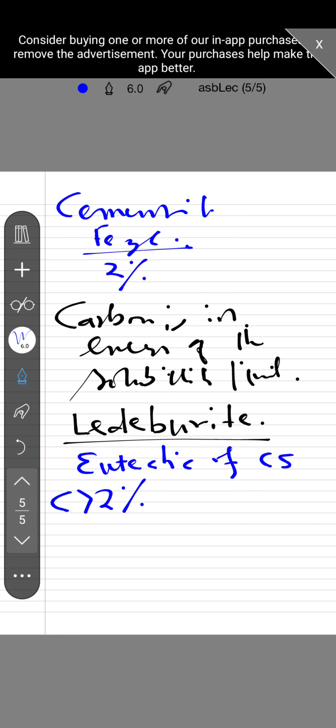Particularly this phase is considered to have 4.3% of carbon in combination with iron.